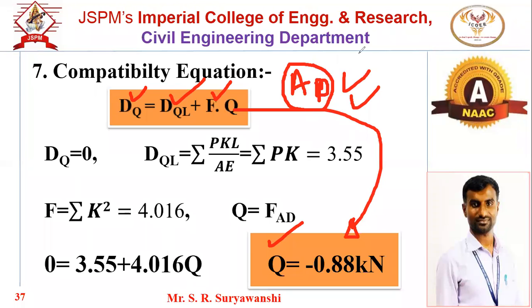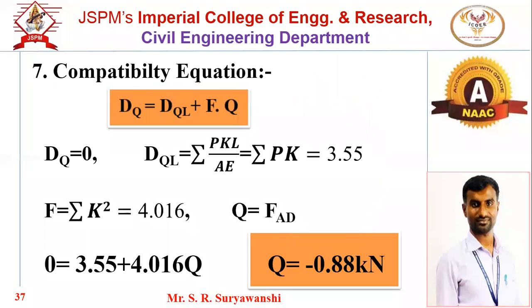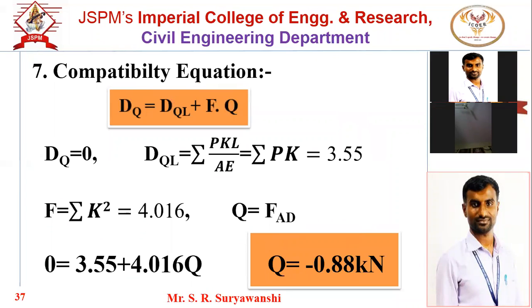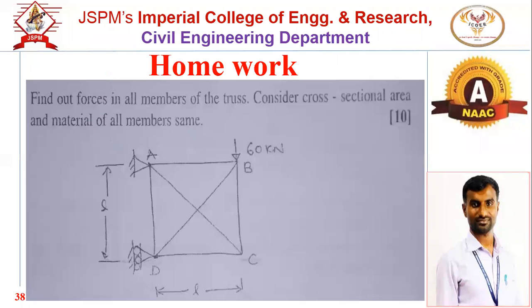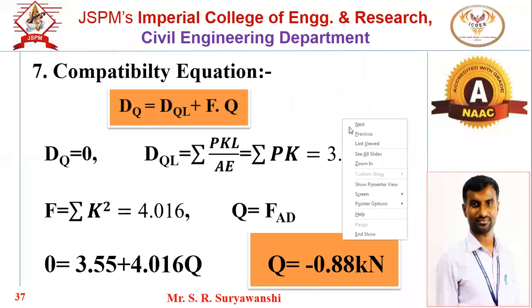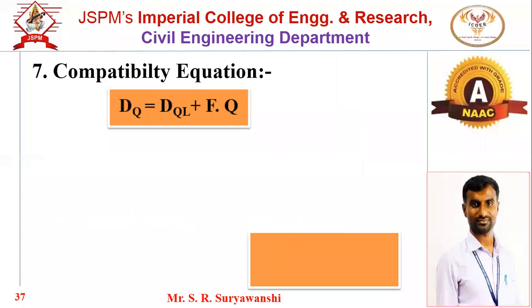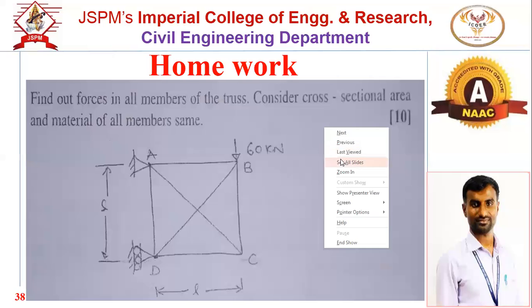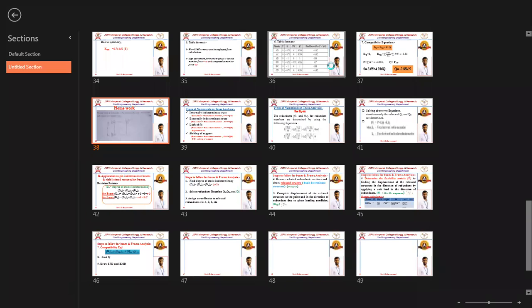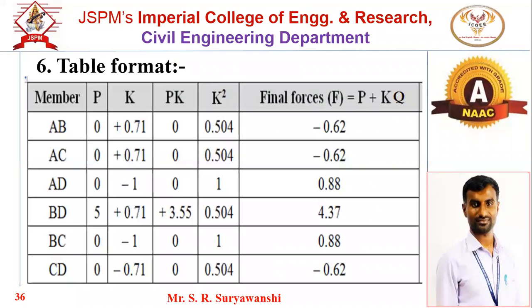Once you get the value of Q, prepare the table format and get the remaining member forces using the formula F is equal to P plus K into Q. This is the formula to get the final member force.